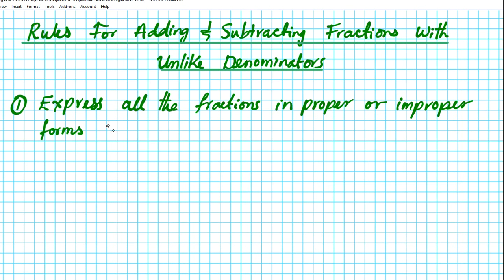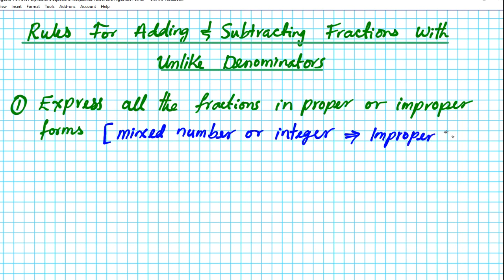That means that if you're given a fraction that's presented as a mixed number or integer, they should be converted into improper fractions. Okay, so that's step one, rule number one.